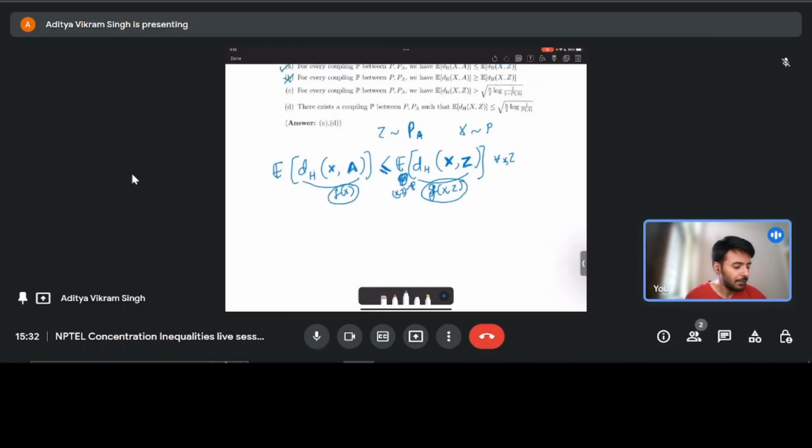we have two random variables x and z. Okay, so there exists a coupling p, right?